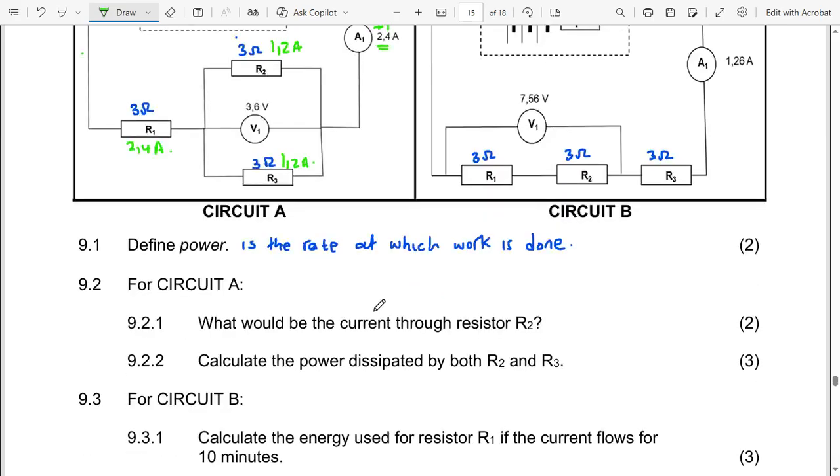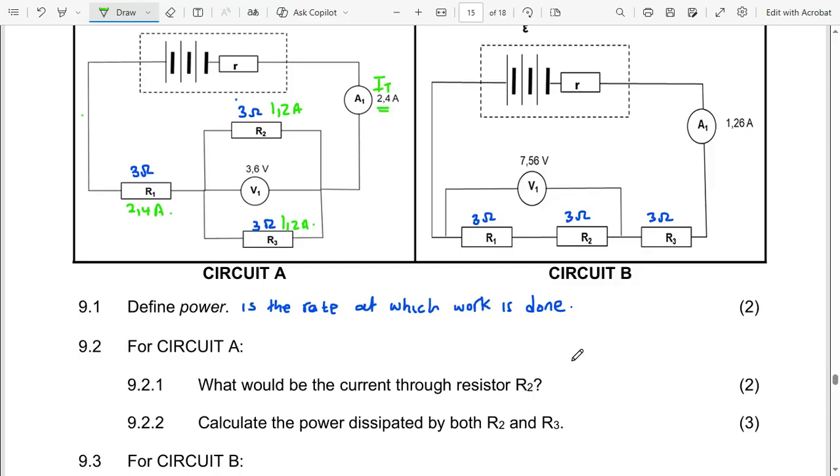They ask what will be the current through R2? So R2 will read 1.2 amperes. This tells you that the 2.4 will be divided into 1.2 and 1.2.